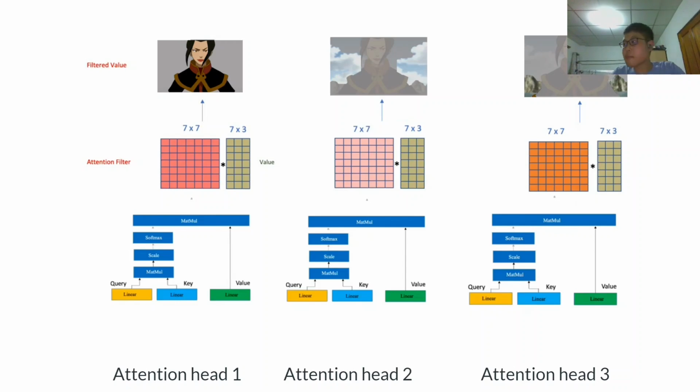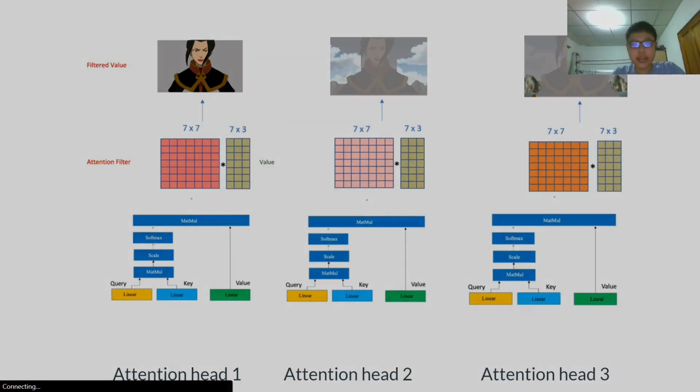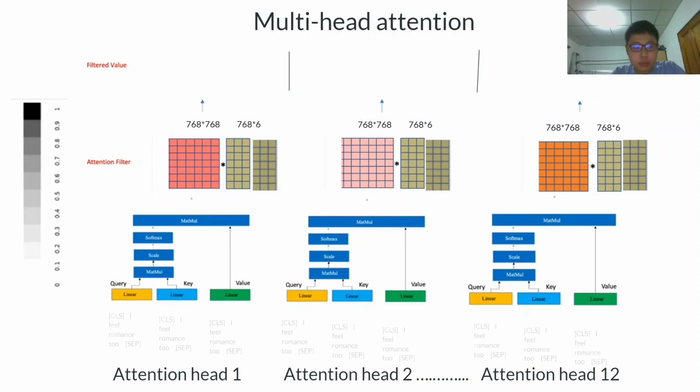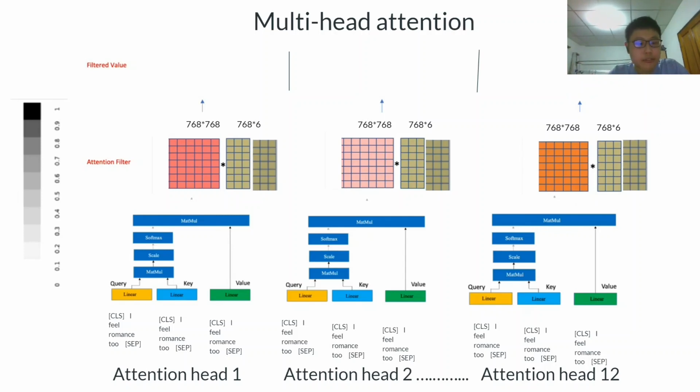And if we compare to our case, which is text, you can see that the input for that is the text, in this case, "I feel romance too." And then when we go through this attention head, the filter value is just the same word but different weight for each word.